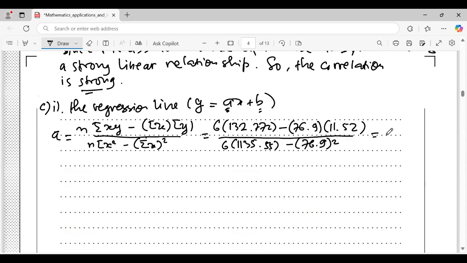And if you calculate, the result is minus 0.09207, and so on, and rounded off becomes minus 0.0992. That's A.